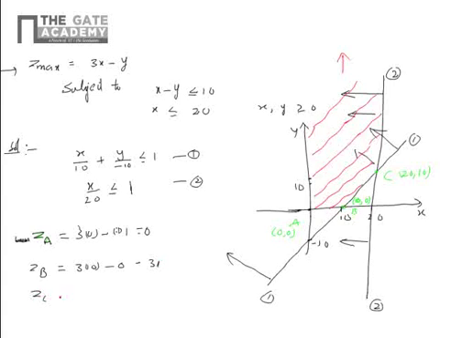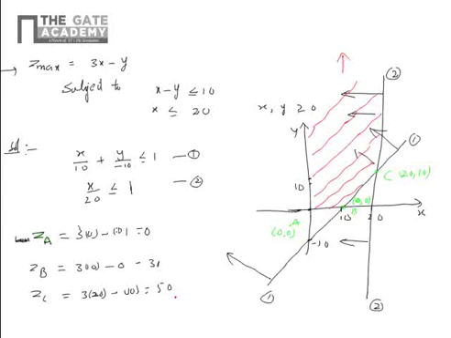ZC is 3 into 20 minus 10, which is equal to 50. So here what we understand is, if you look at it, ZC is the highest value. Of the three values we have, the objective function is satisfying the maximum optimal solution at C, 50.